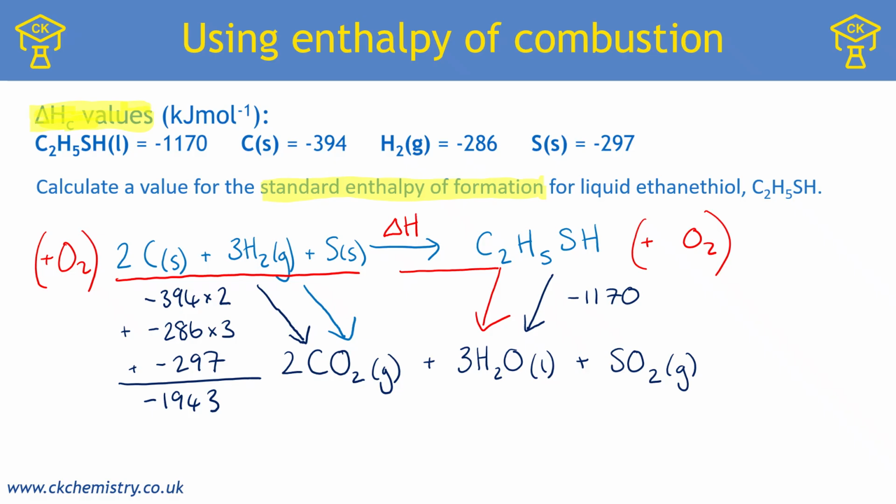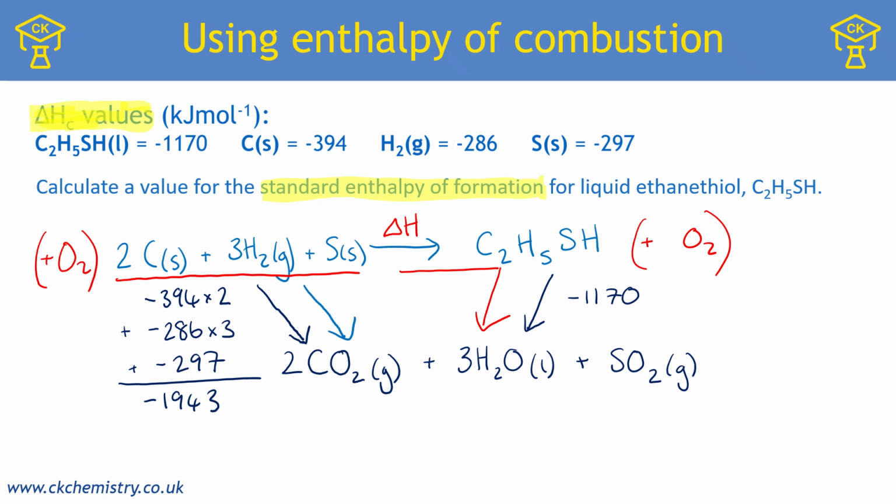So the red arrow is the same enthalpy change because I'm following the arrows in the same direction. I'm starting here, I go forward, I go forwards. Starting here, I go forwards. So this is the same idea as reversing the arrows. In fact, I'm going to show you it both ways.